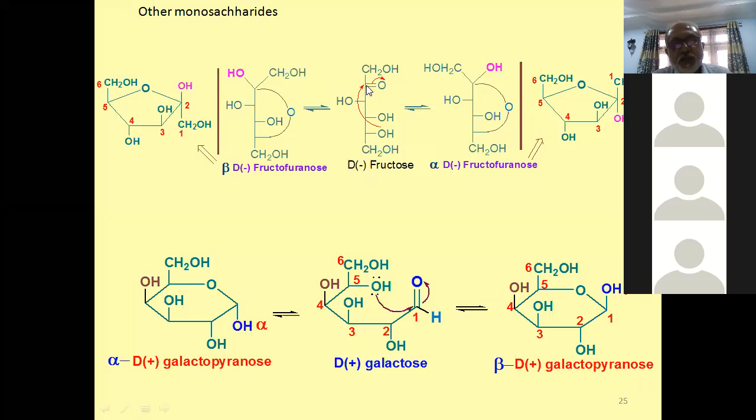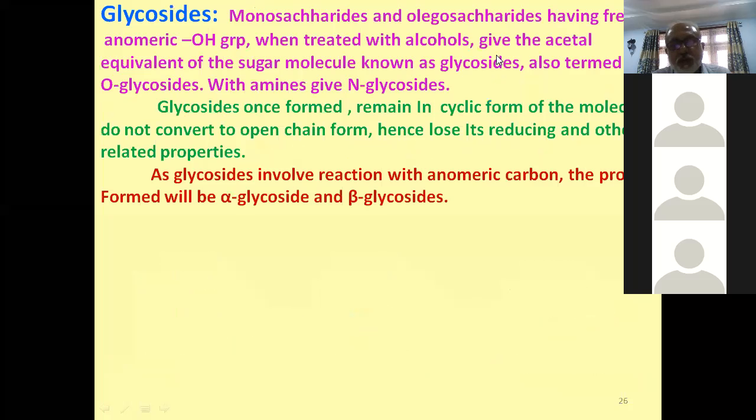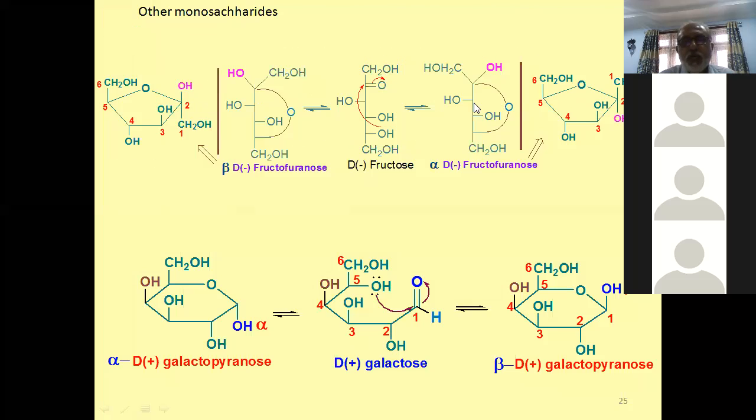The OH group that is formed can be in the right-hand position or in the left-hand position in the Fischer projection. This is the Fischer projection. So what will be the name for this one? This is going to be alpha-D-fructofuranose. That is the complete name, because once we write furanose, the ring size is also mentioned.